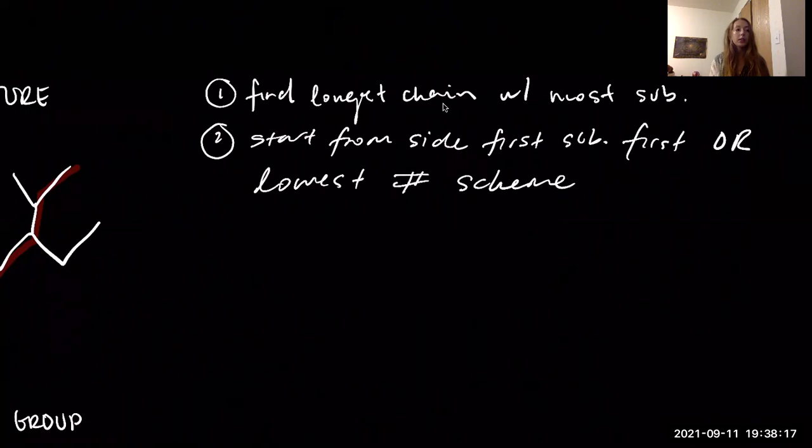So that just means the lowest numbers in your name, basically. So like 2,4 diethyl something will be a lower numbering scheme than 3,6, for example.